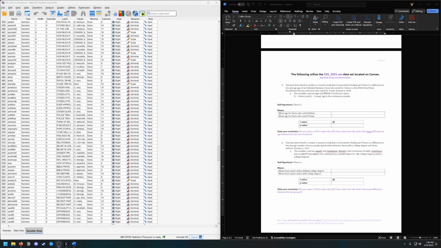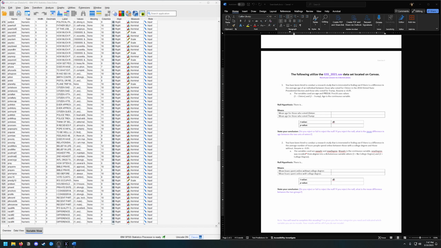But this will specifically look at the difference in the average between two groups, and you're trying to examine if there is a statistically significant difference between that average in those two groups.